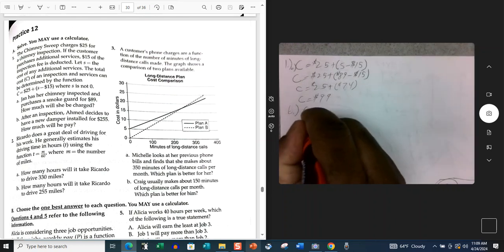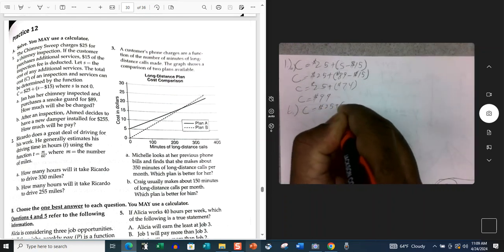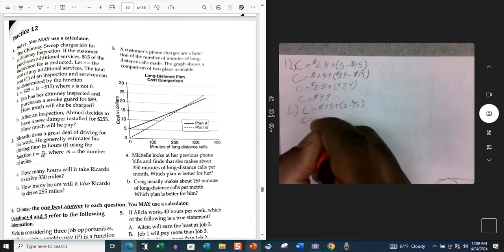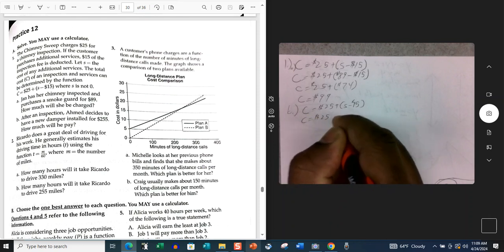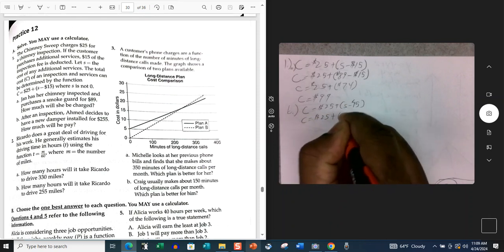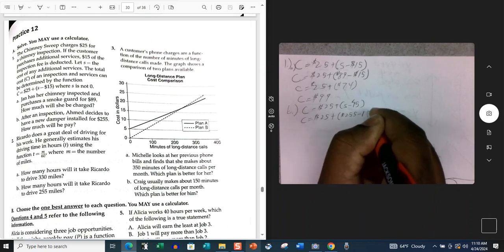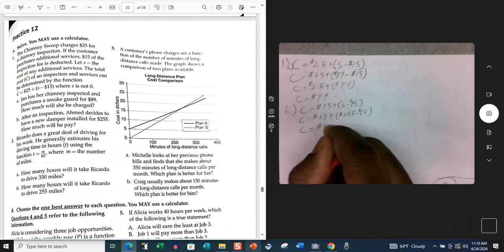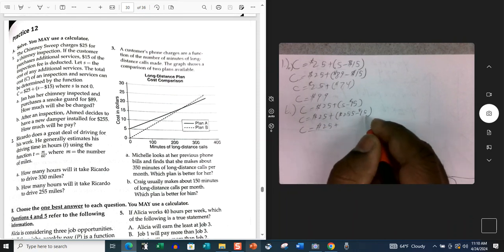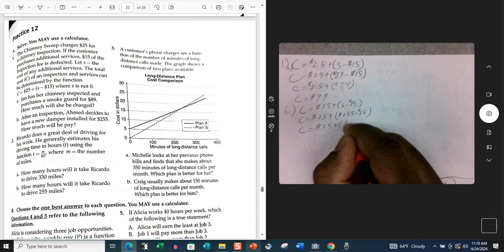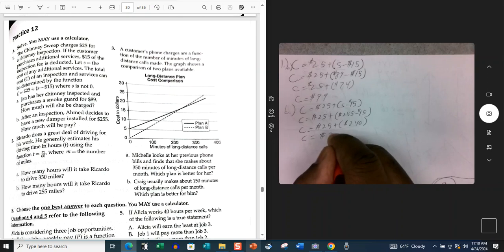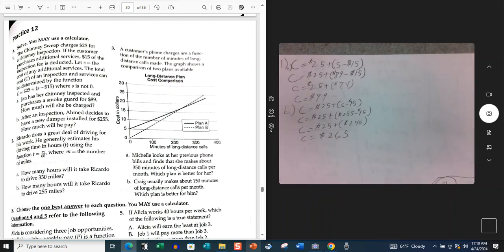So we'll take that same formula, and this time we will substitute in $255 for S. So we have C equals $25 plus ($255 minus 15), which is $240. So when we add these together, it'll be $265 total.